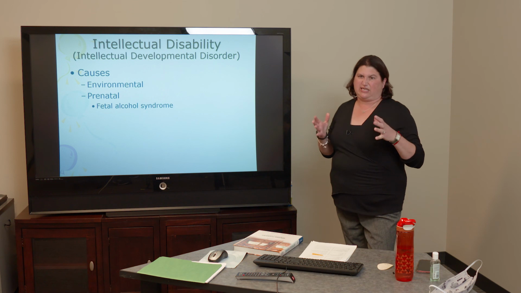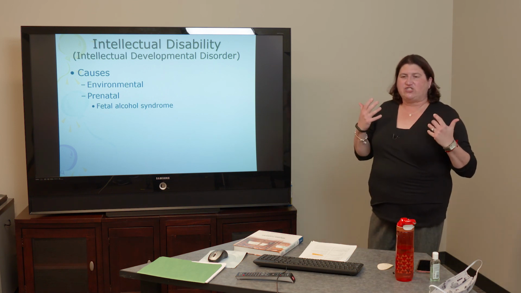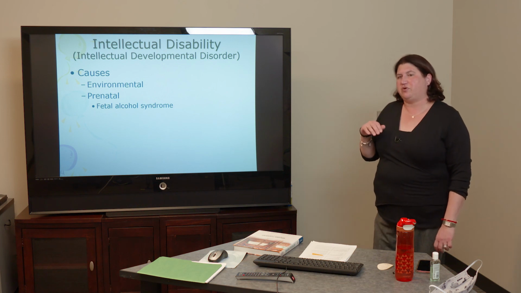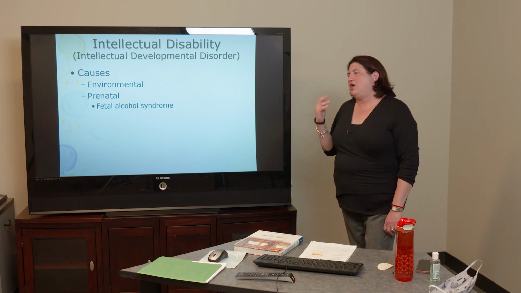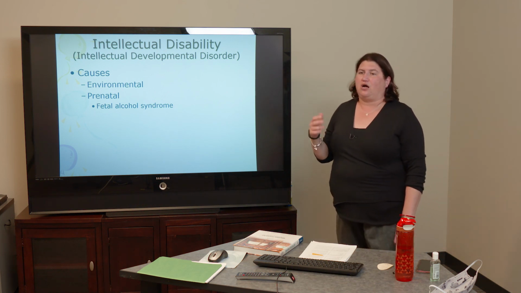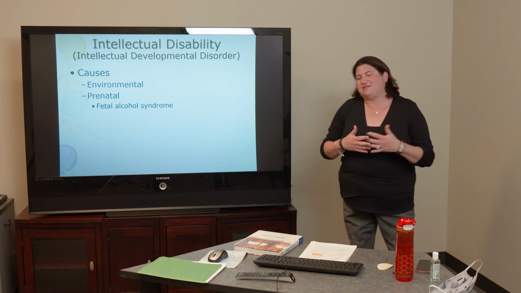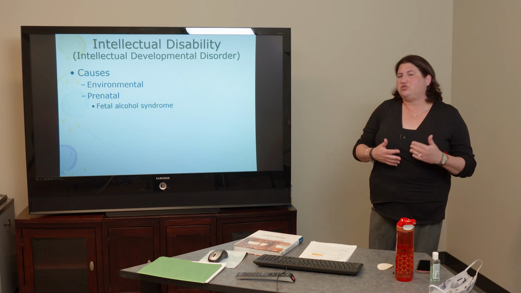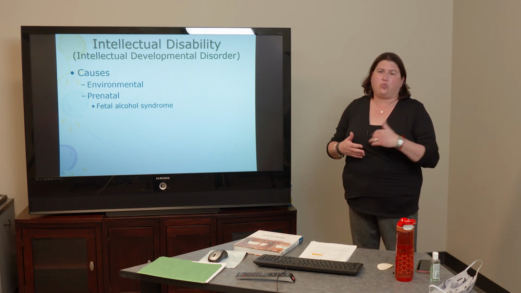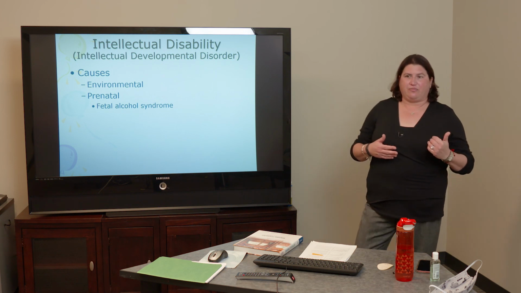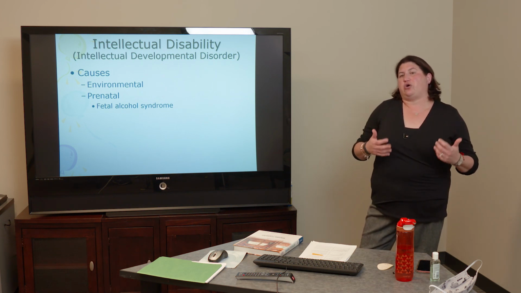So that's a distinct pattern of facial features and also intellectual disability that we see in children who were exposed to alcohol in utero. And you might be thinking, well, how much alcohol? And my answer is, I don't know. So we don't know what a safe amount of alcohol is to drink during pregnancy, and that's why the widespread advice is no alcohol is safe during pregnancy, because we just don't know.